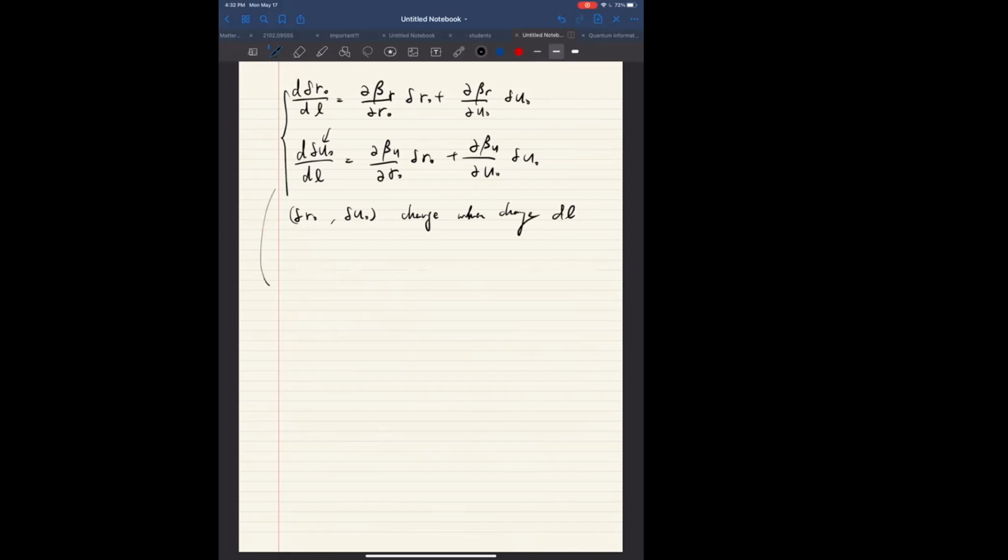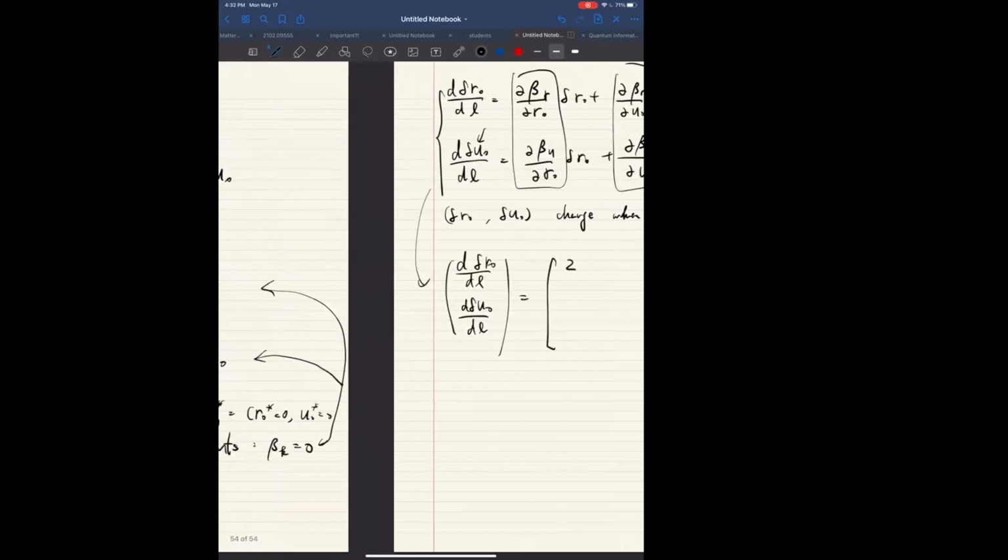So you can evaluate this. That's one, right? This is just written as a flow equation. This will give you 2, because beta R is this one and beta U is this one.